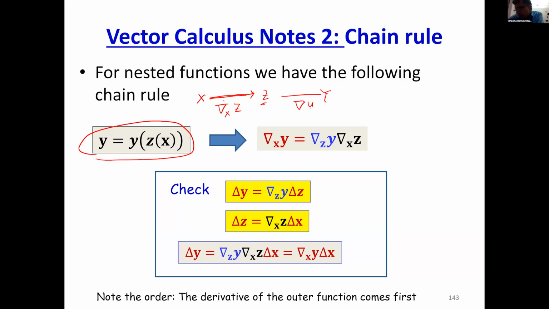This is derivative of y with respect to z, correct? So this means delta y equals the derivative of y with respect to z times delta z, right? That's looking at this portion of the influence, right? Yes, no? Yes.